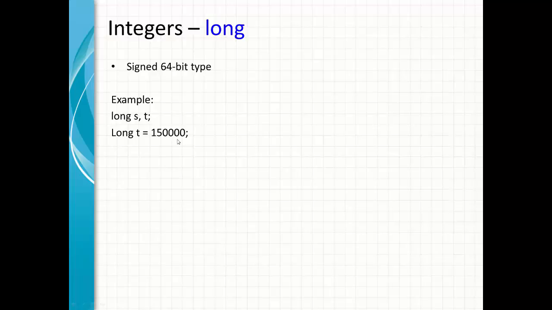Long is primarily used when there is a need to store a very big number. The number which we know will be out of range for int to store, at that time we will use long.